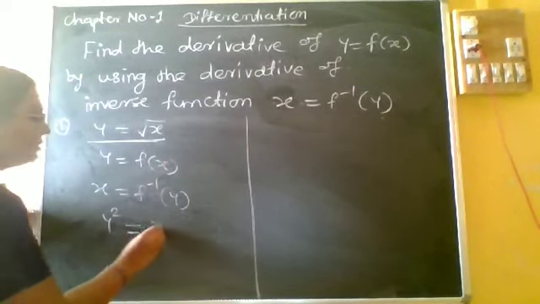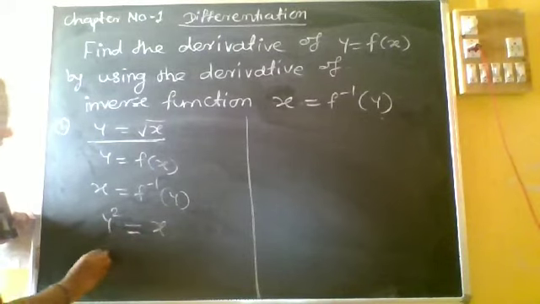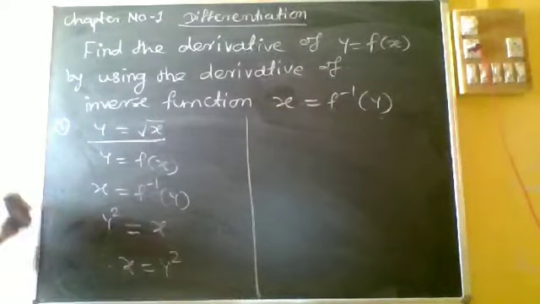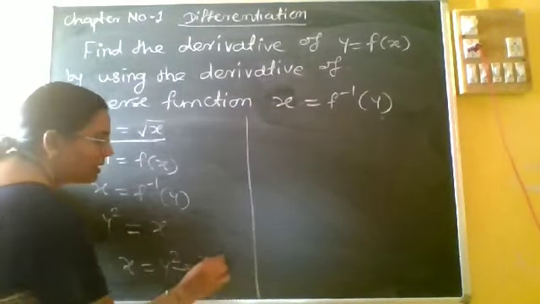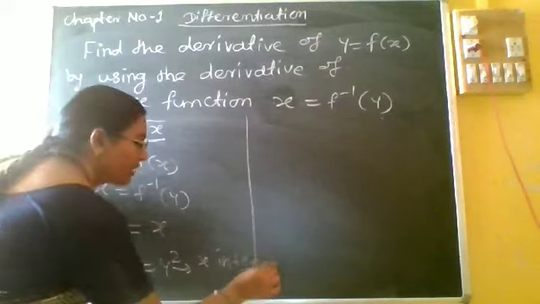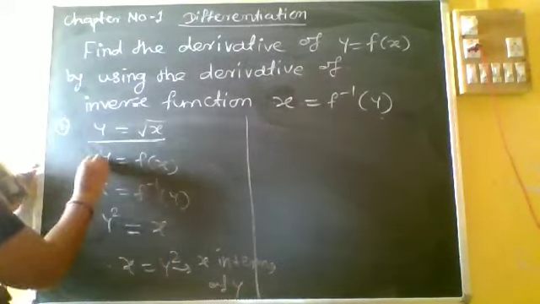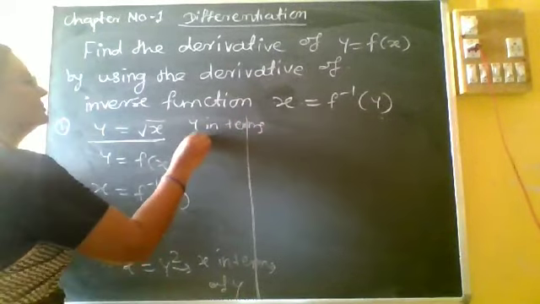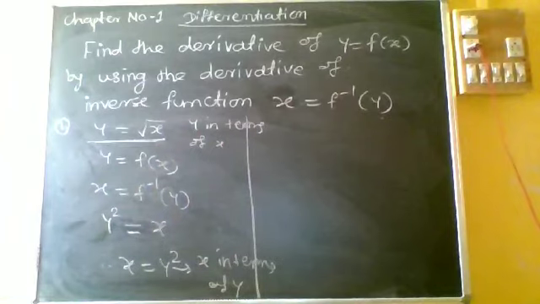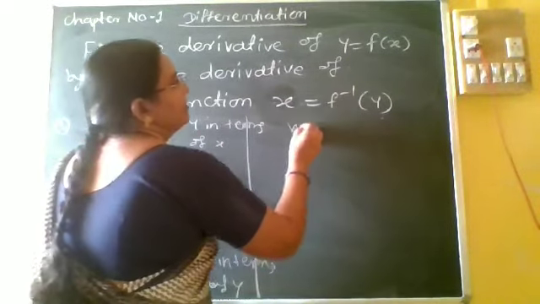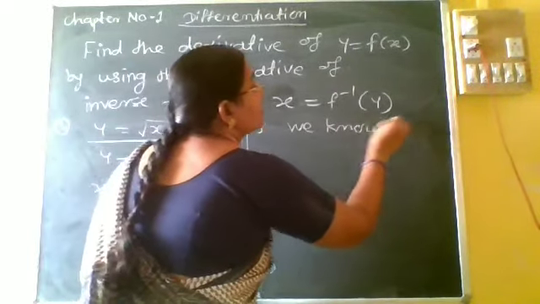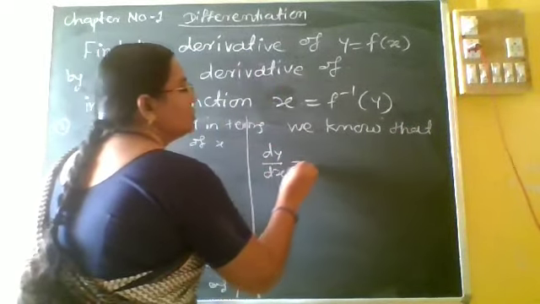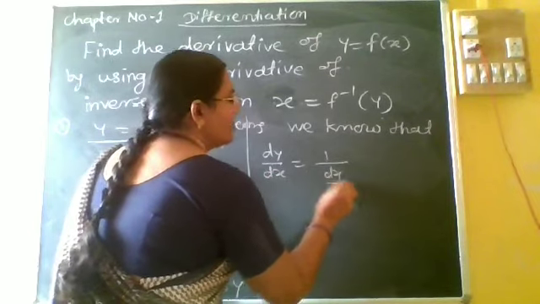Therefore, y is equal to root of x, then y square is equal to x. Therefore, x is equal to y square. This is x in terms of y, and here y in terms of x. Then we know that dy by dx is equal to 1 upon dx upon dy.